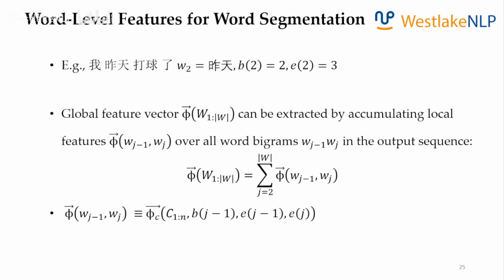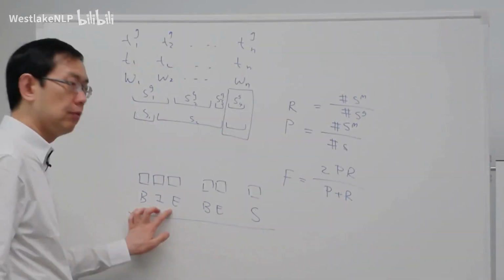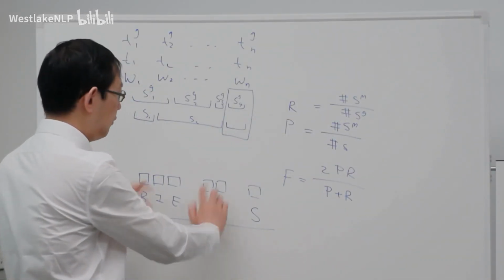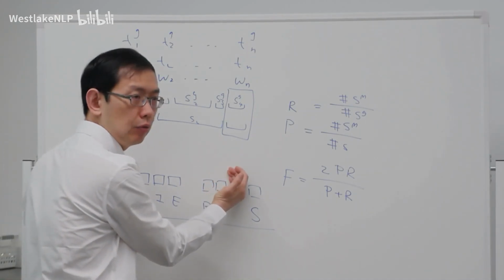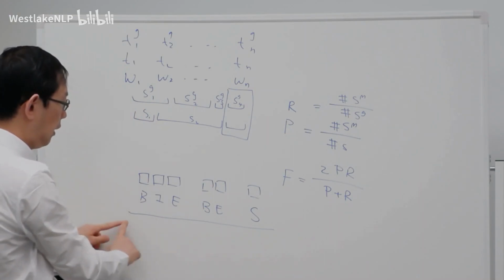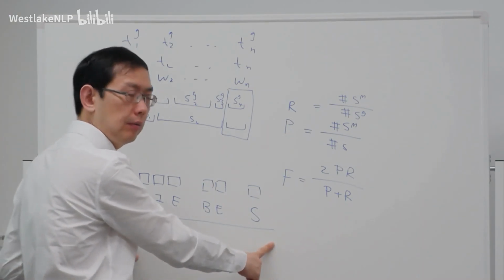What are they? First of all, the character sequence, C1 until N. And then B_{j-1}, E_{j-1}, E_j. What is that? This is W_{j-1}. This is W_j, okay? So you could use phi word bigram to represent features here, but you could also use phi with the character sequence.